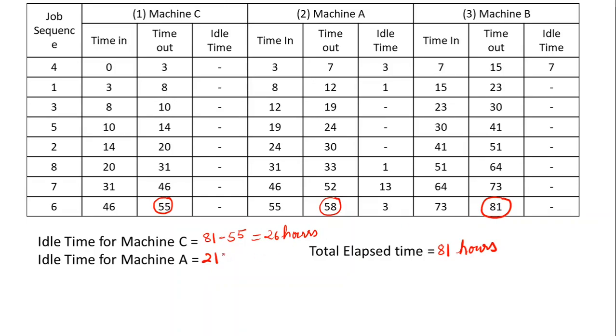So it is 21 hours plus 81 minus 58. So here you are going to have 21 plus 23, so 44 hours. So this is the idle time of mission A.